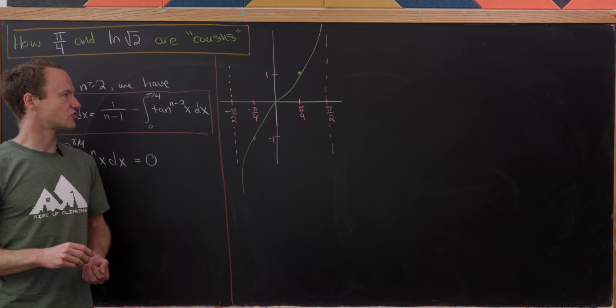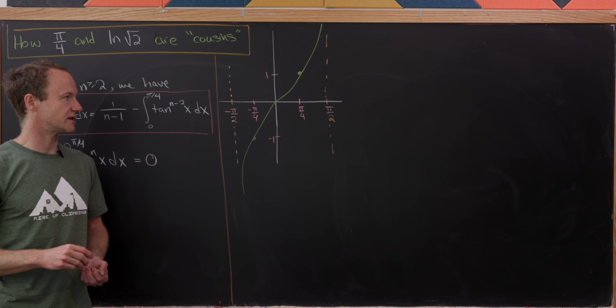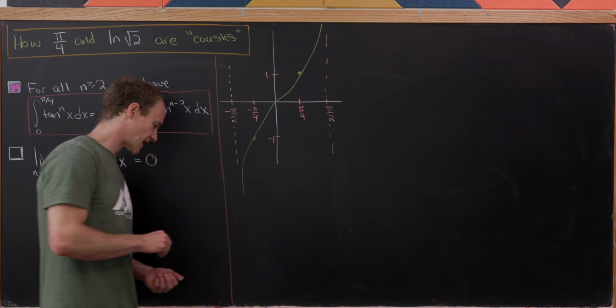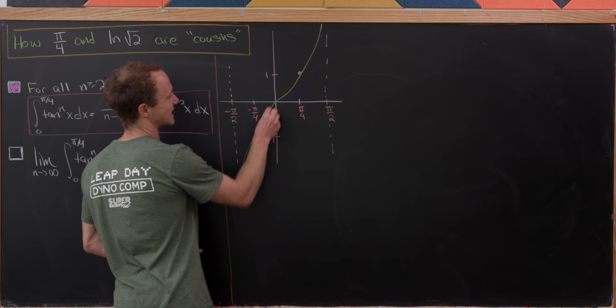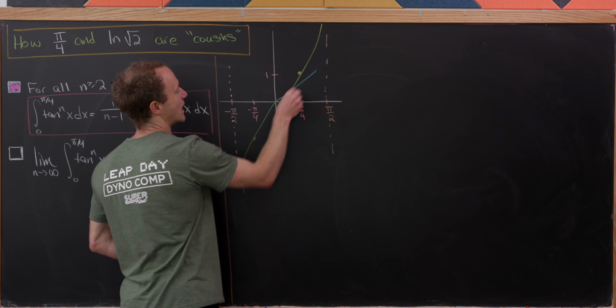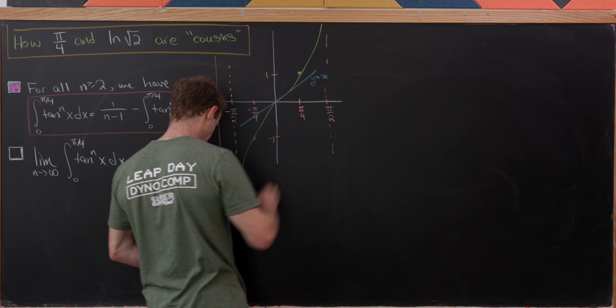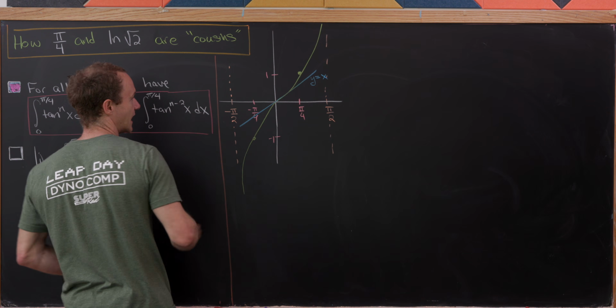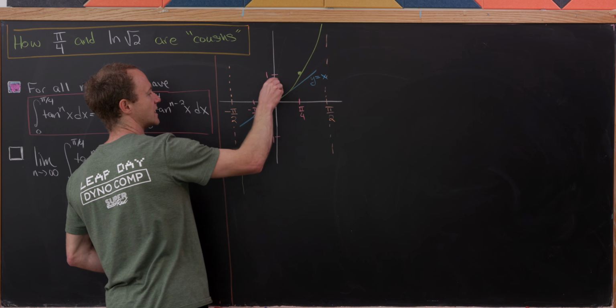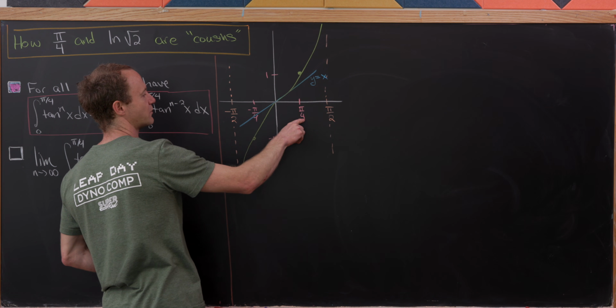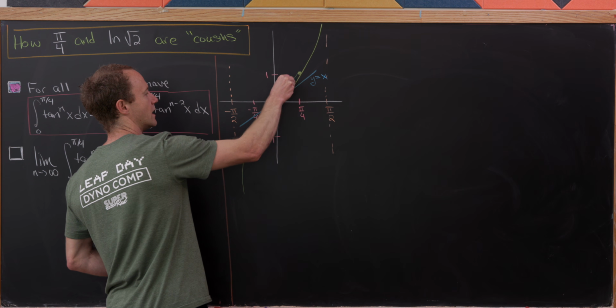Now let's draw two lines here. So the first line will be the line y equals x. So the line y equals x is going to look a little something like this. And then the second line will be between the origin and this point pi over 4, 1.